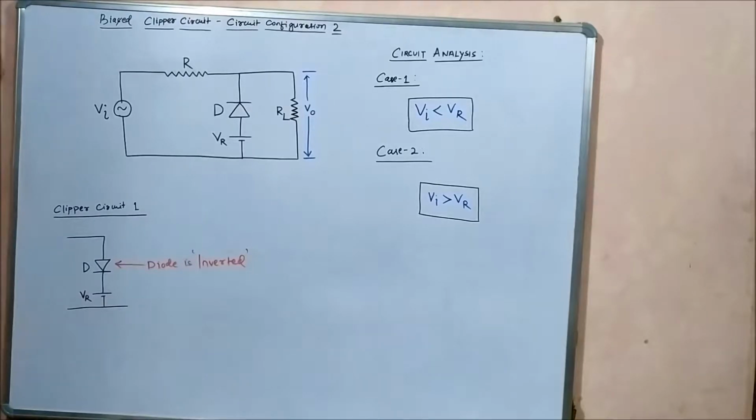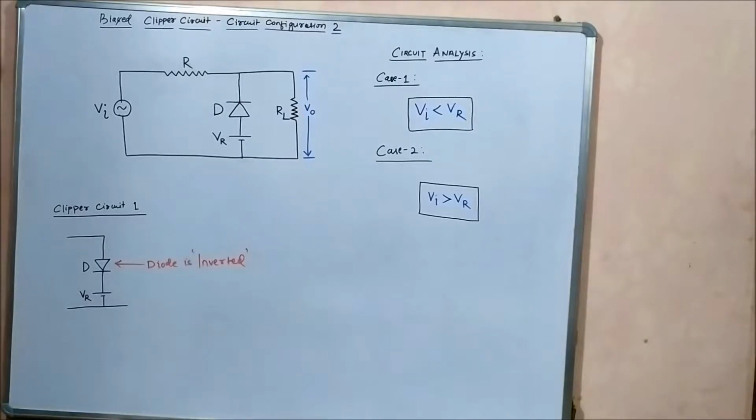Now in my previous 2 or 3 videos I started the concept of biased clipping circuits. Previously we discussed positive and negative clipping circuits, and then we started discussing biased clipper circuits.